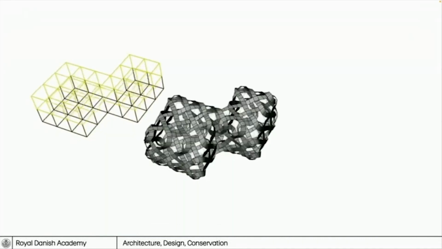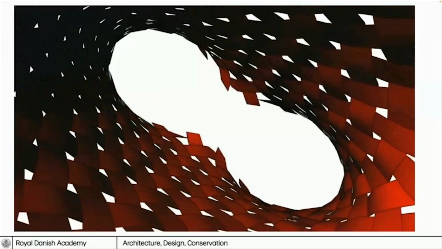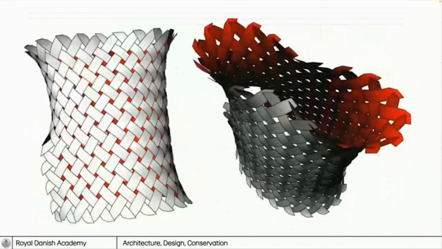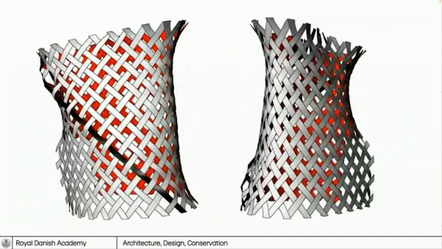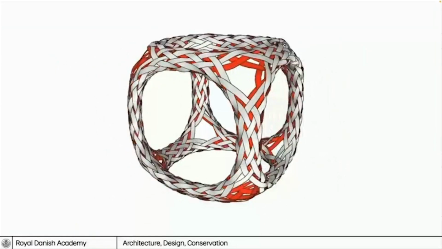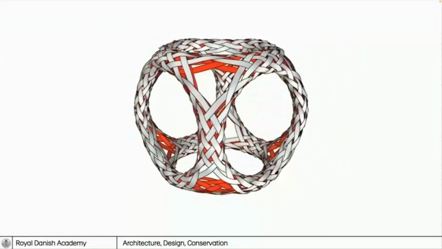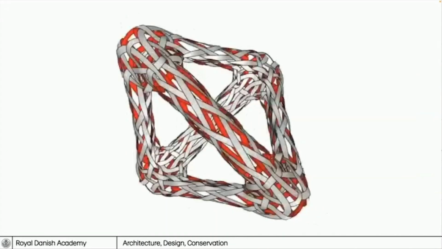So you see here we've got a very simple block method, and then on top of that starting to simulate different material properties. You can see here we can introduce weavers that have different stiffness capability. So this gives us a really rich representational space for exploration.